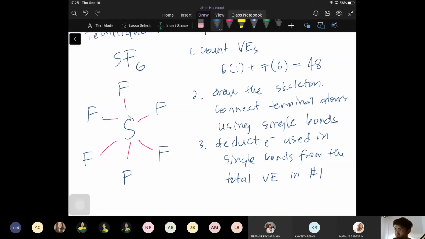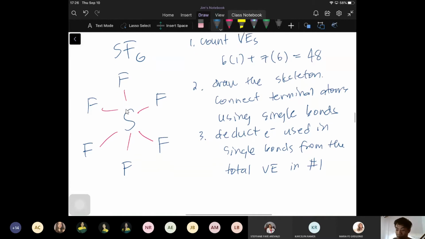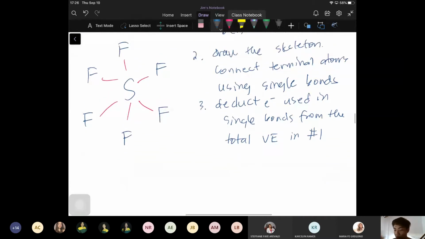Babawas mo yung electrons na nagamit mo dito sa count mo sa taas. So, di ba, we have 48, no? Sa 48 na yon, we used electrons to form single bonds. How many electrons ang ginamit natin to form single bonds? Bilangin natin. 2, 4, 6, 8, 10. So, tigda dalawa, di ba? Remember, for a single bond, there are 2 electrons there. To form 6 single bonds.